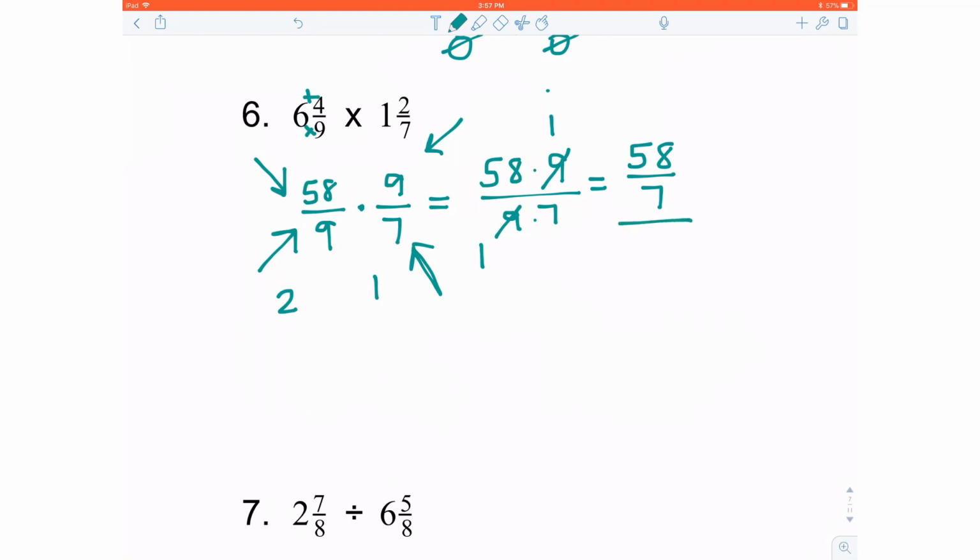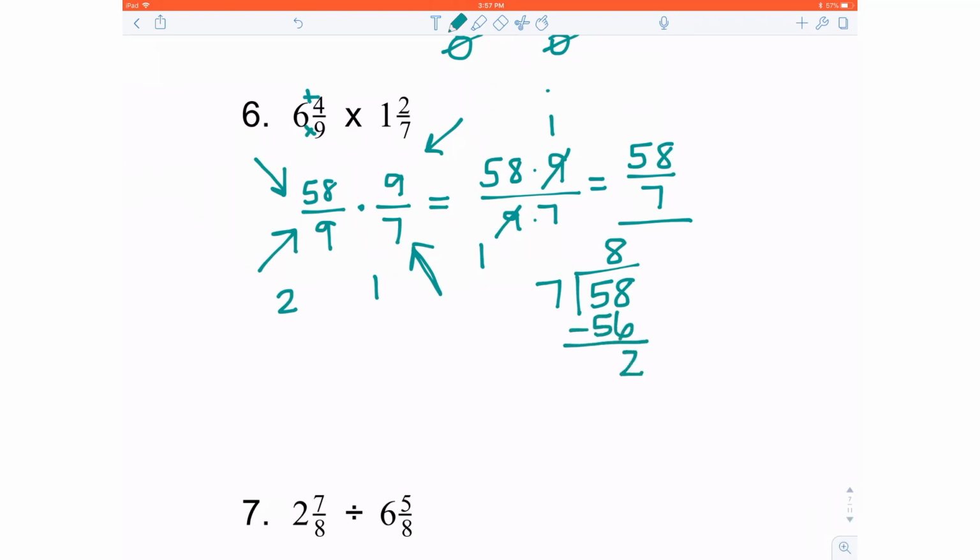We have 58 over 7. So this is not quite finished. An improper fraction is actually not the simplest form of a fraction. So the way to make this completely finished is to turn it into a mixed number, which means we need to divide. So 7 goes into 58. Well, 7 goes into 58 8 times, because 7 times 8 is 56.